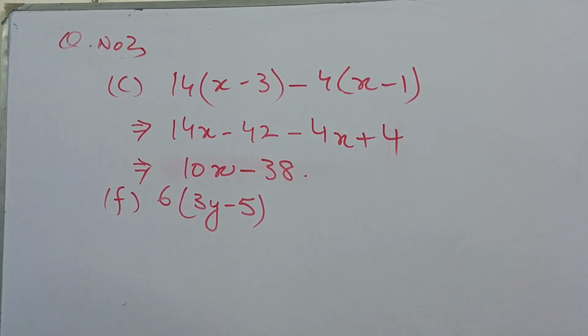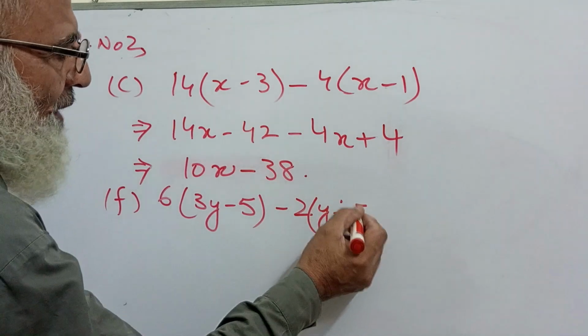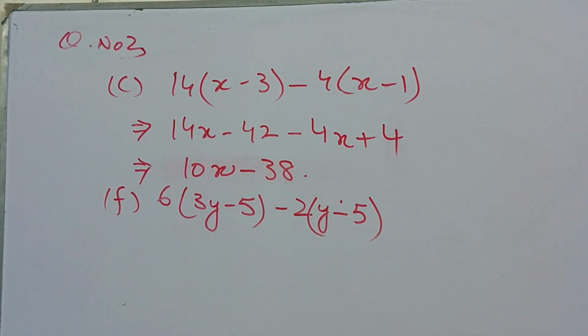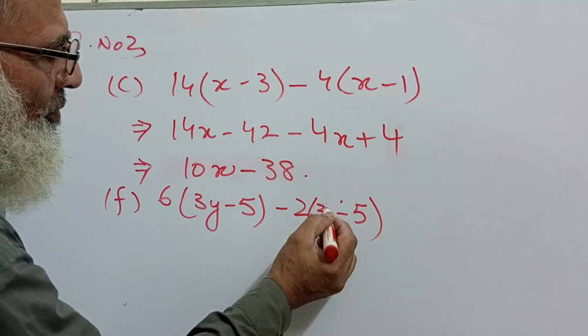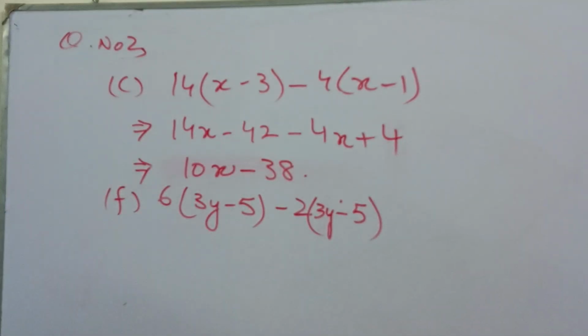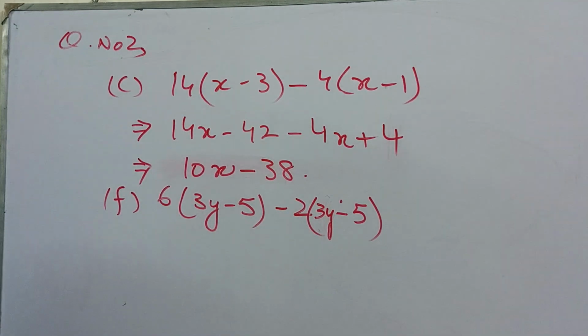Minus 2 times 3y minus 5. So we have 6(3y minus 5) minus 2(3y minus 5). Very similar things are there: 3y minus 5 and 3y minus 5.